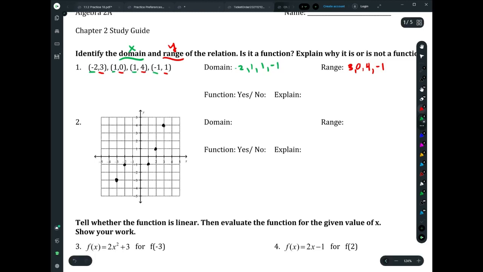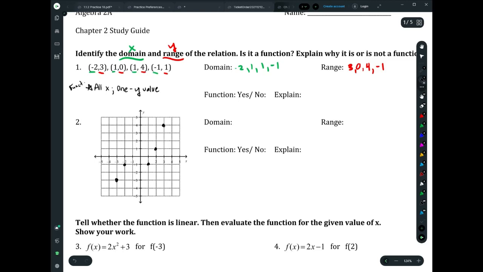To specify if a relation is a function, keep in mind that all x values can only have one y value. One y value for a function.